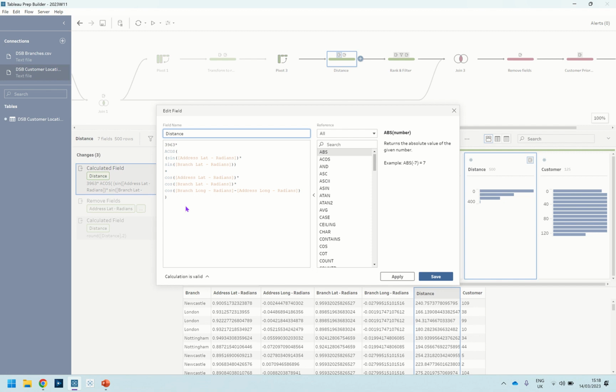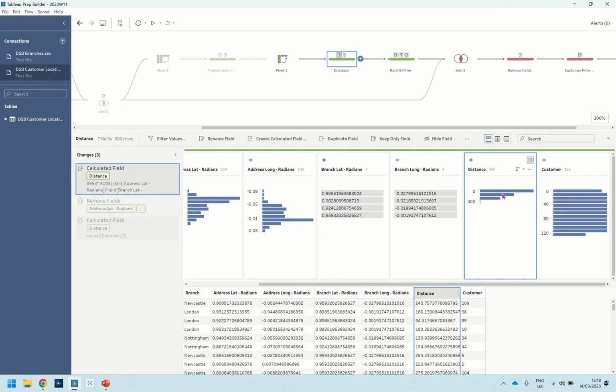So anywhere where it's saying lat 1, I'm using the customer address latitude, and anywhere that it's saying lat 2, I'm using the branch latitude. Just literally substituting in those values into that equation, and we get a distance field.